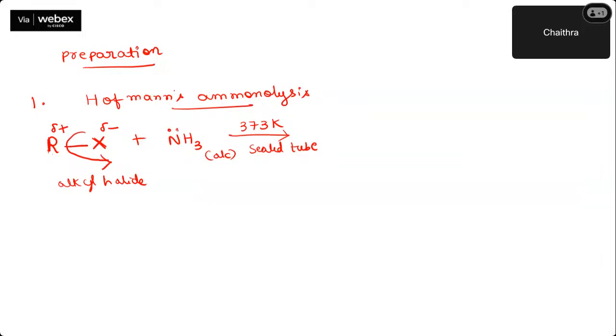Now here is the nucleophilic reagent, so it will attack this position and you get RNH3 attached. Now nitrogen lost electrons, so write a positive charge. Here the halide ion stays in the vicinity of the positive part only. This is nothing but primary, because nitrogen is directly attached to how many carbon atoms?